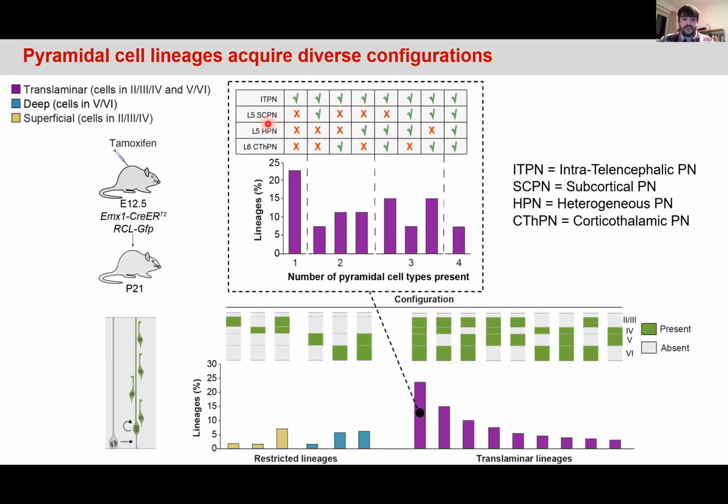And as you can see also, lineages contain different combinations of these projection types, being quite rare those that are composed by all different projection types and all different laminar types. So taken together, this data indicates that the neuronal output of individual radial glia cells seems to be extremely heterogeneous in both the number and the cell identities they generate over development.